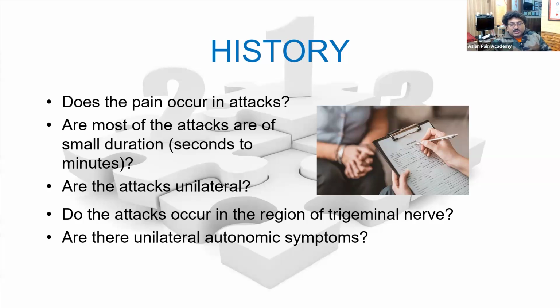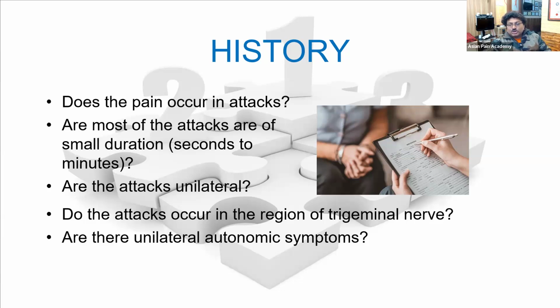Now, you should also inquire whether there are unilateral autonomic symptoms or not. Though I have written it as unilateral autonomic symptoms, you have to explain to the patient what they are. Unilateral autonomic symptoms include redness of the eyes, puffiness on one side of the face, stuffiness of the nose, and lacrimation in the eye.